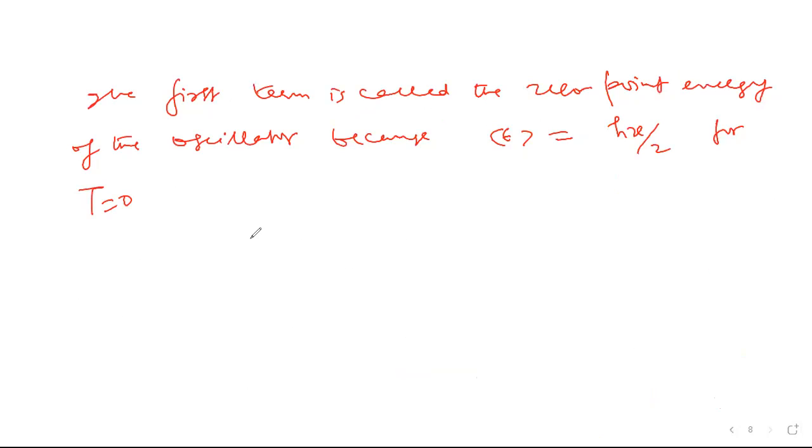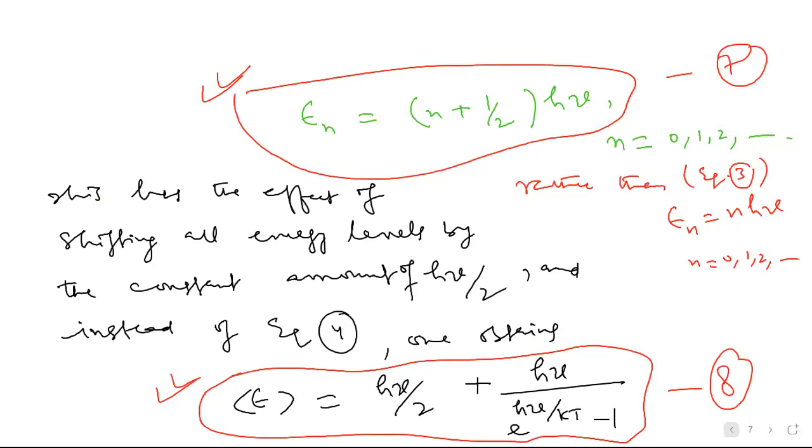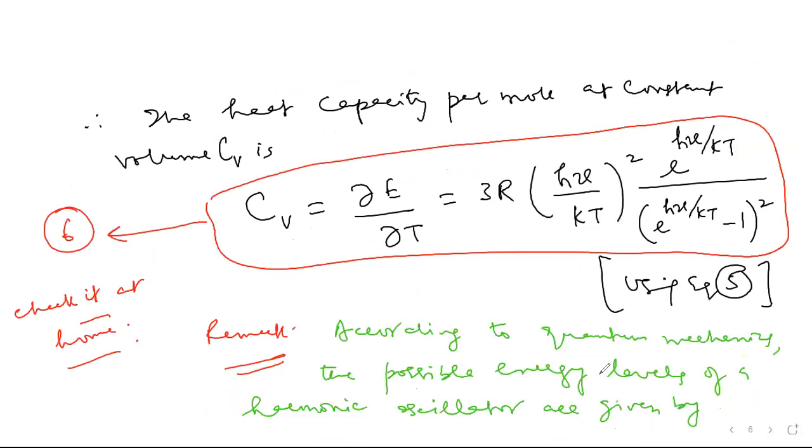Thus, according to quantum mechanics, the atoms have vibrational energy even at absolute zero. As I already said, the expression for the specific heat is not altered by this result, because CV is determined by the derivative of energy with respect to temperature T. So this expression will not change.